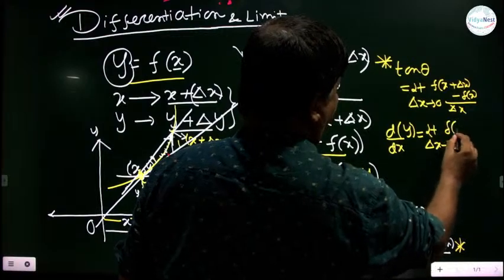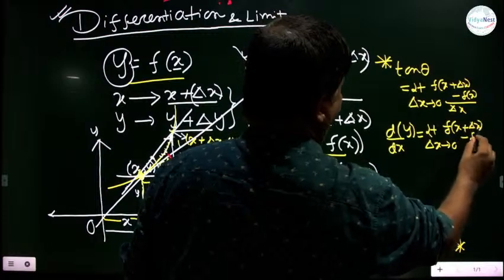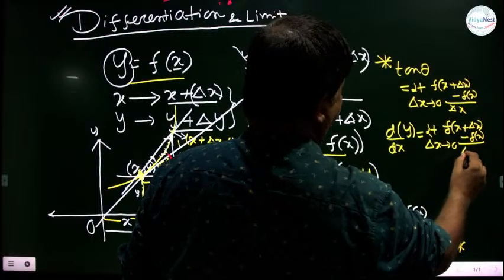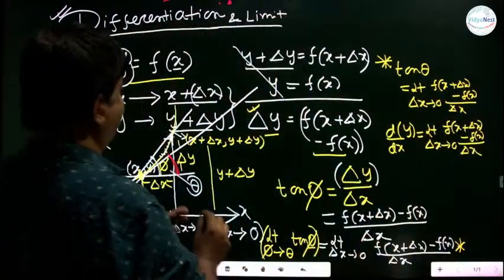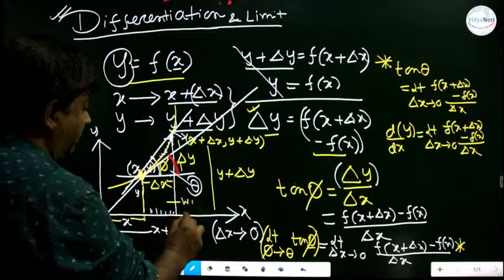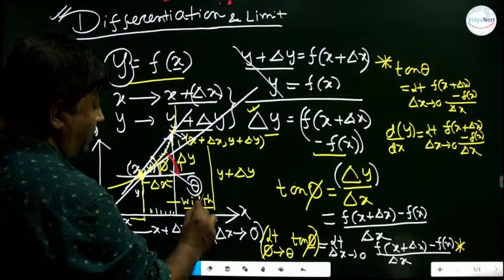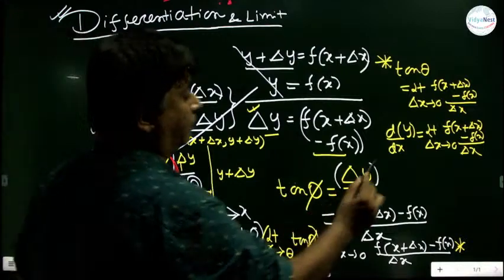So this is called the definition of differentiation. Now delta x was what? Width of increment. The width's last alphabet h is taken to imply that.